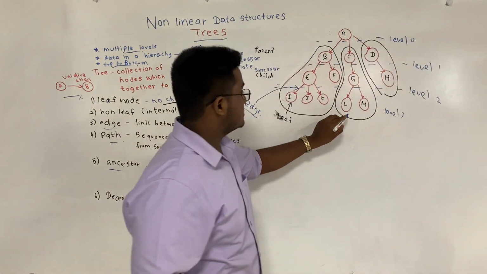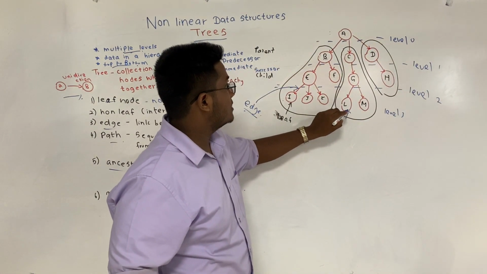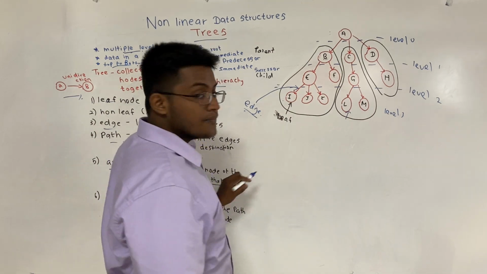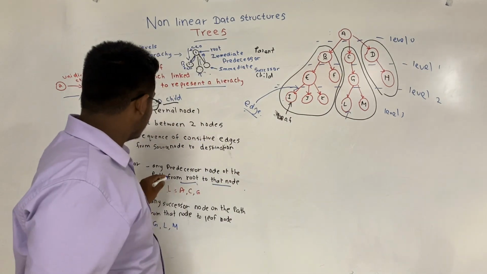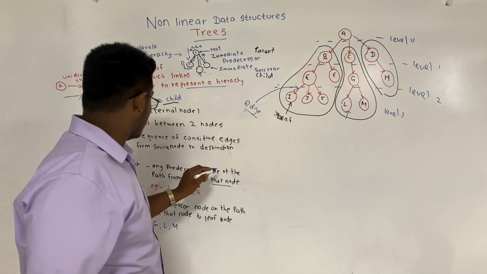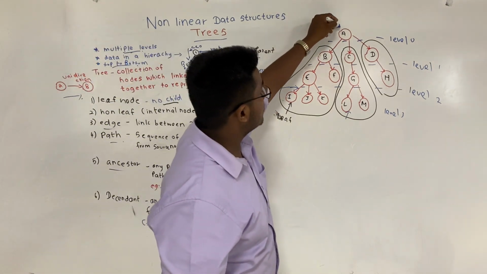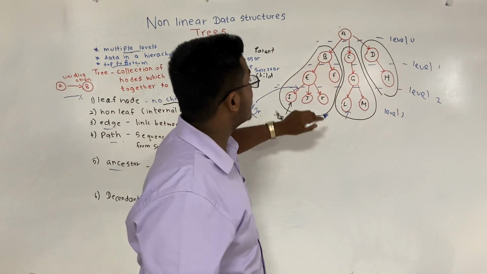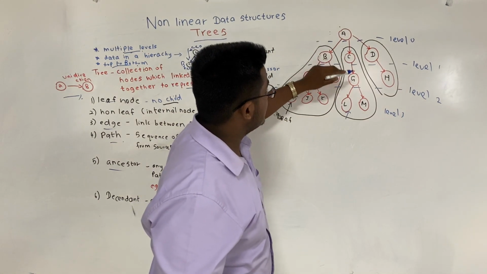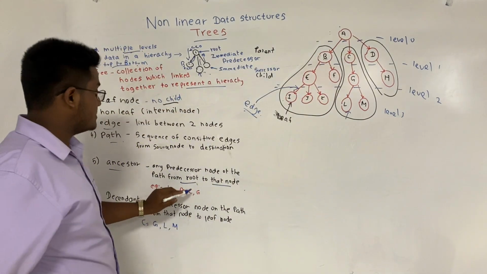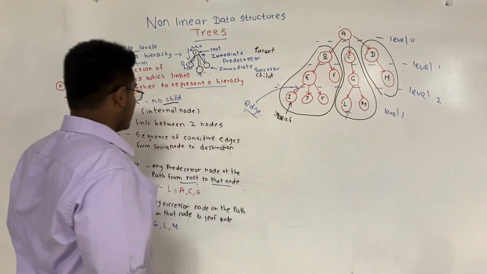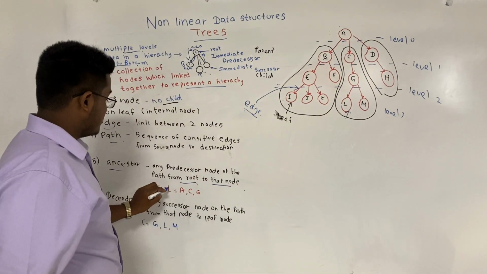This is L. The definition is any predecessor node on the path from root to that node. That means from root to L. So A, C, G is the answer.